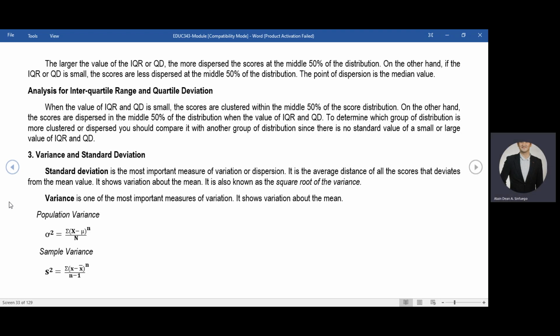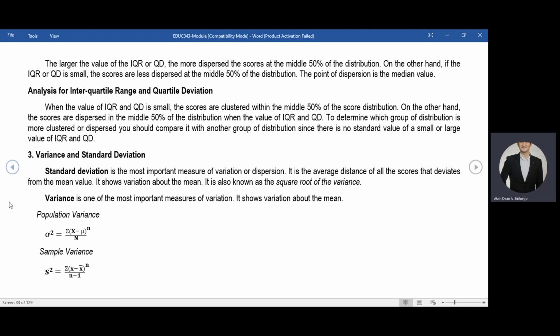Here's the analysis. When the value of IQR and QD is small, the scores are clustered within the middle 50% of the distribution. On the other hand, the scores are dispersed in the middle of the distribution when the value of IQR and QD is large.